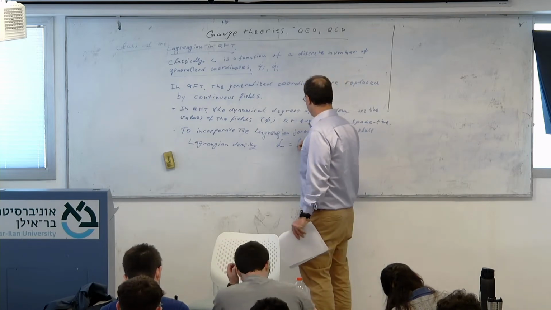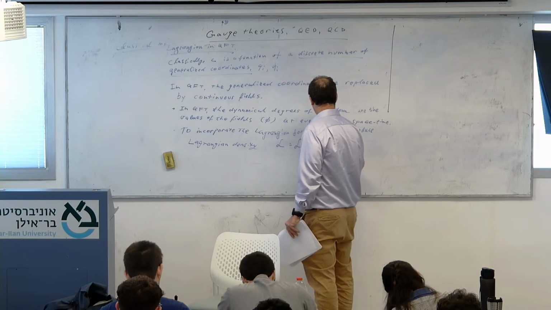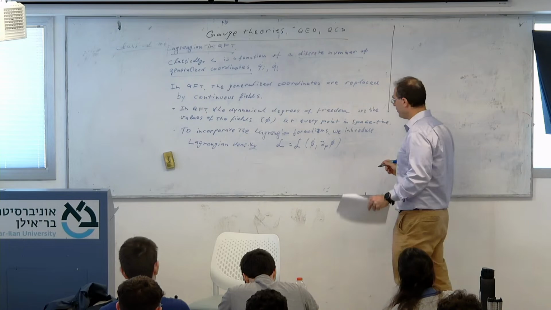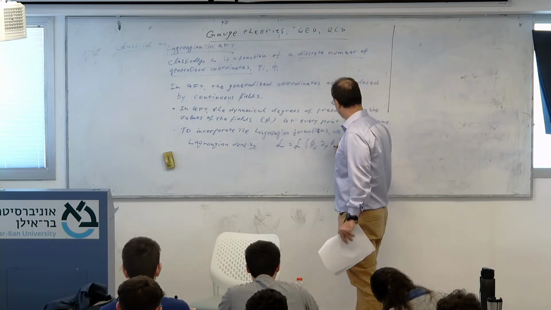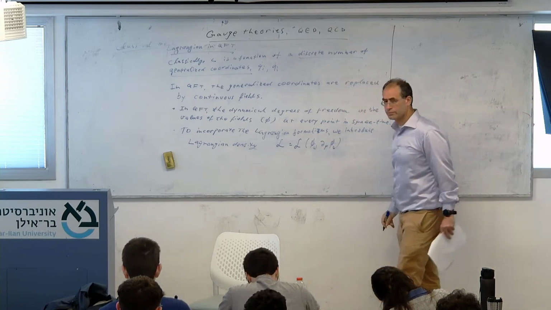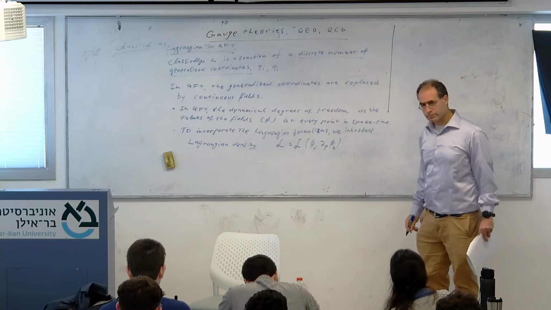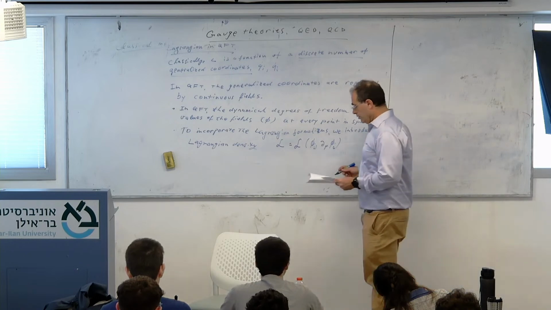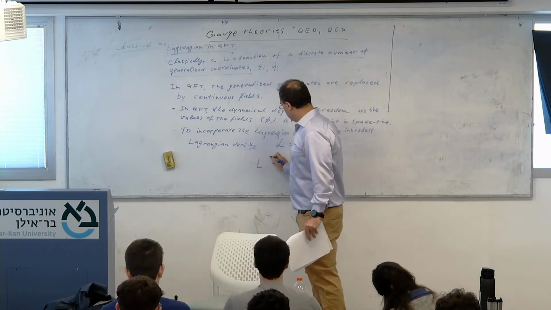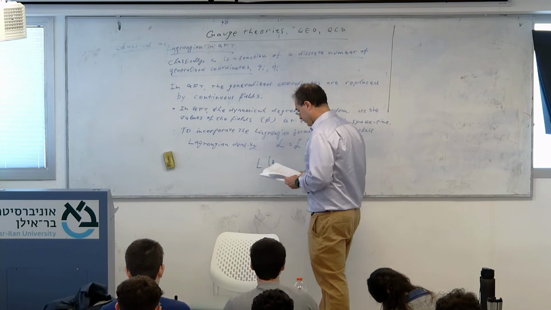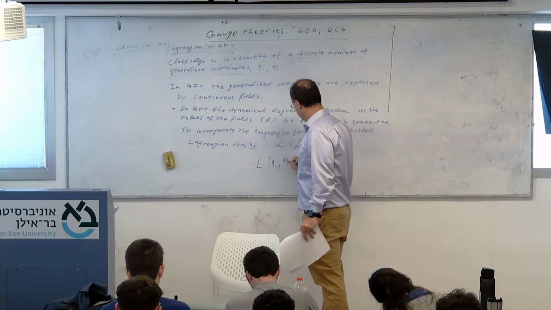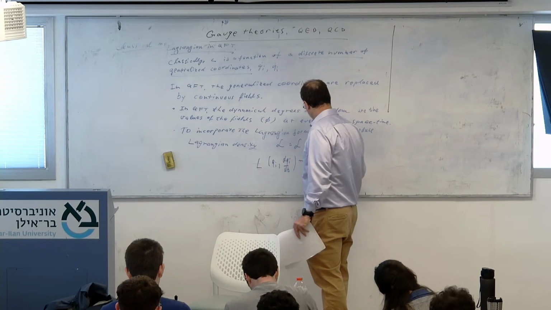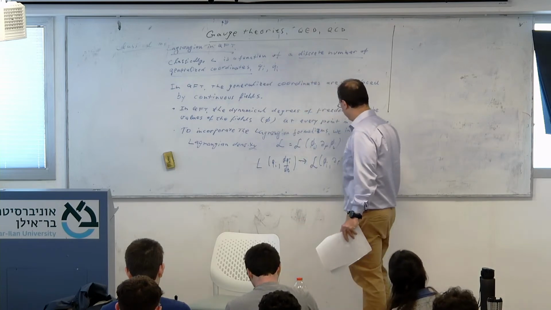So curly L is a function of phi_i and d_mu phi_i, because it could be many fields. So rather than L of q_i and dq_i over dt, now we're talking about the Lagrangian density of phi_i and d_mu phi_i.